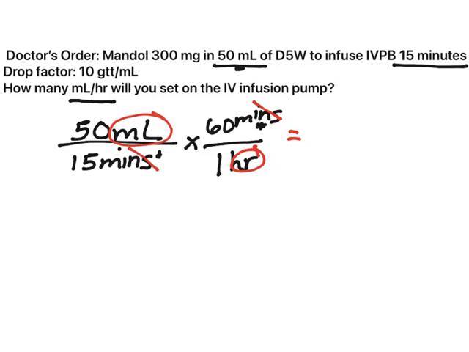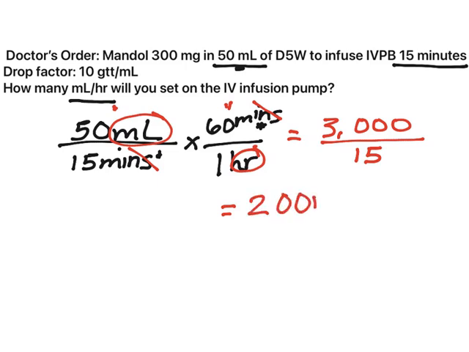So straight across the top will be 50 times 60, and that will give us 3,000. And then we have 15 times 1, which is 15. So we'll do 3,000 divided by 15, and that will give us 200 mLs per hour.